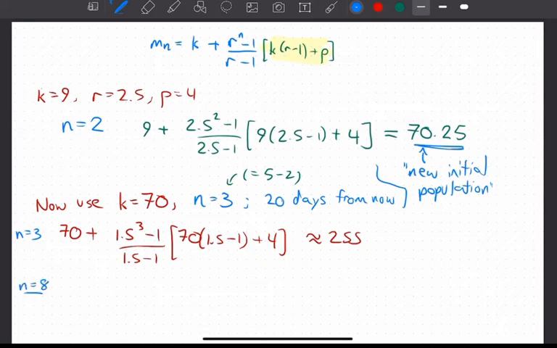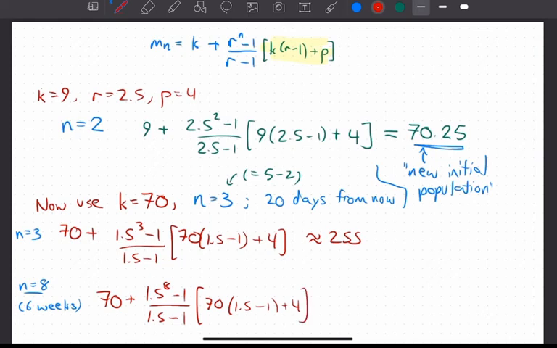When n is 8, this is now our 6 weeks from now number, because we have to add the 8 and the 2 to get 10 generations. Then we're getting 70 plus 1.5 to the 8 minus 1 over 1.5 minus 1. And now here we have the same quantity. And this is around 2,000.